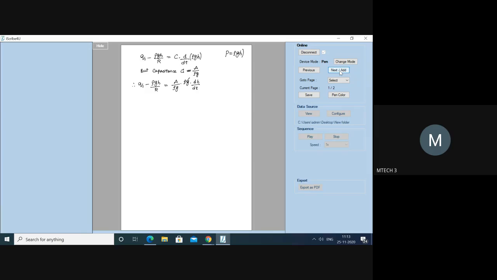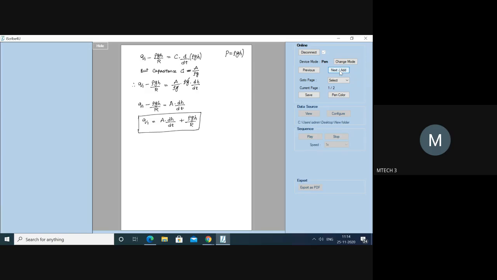So rho G gets cancelled. So Q1 minus rho GH by R is equal to A into dH by dt. Okay. So we'll rearrange. Q1 is equal to A into dH by dt plus rho GH by R.